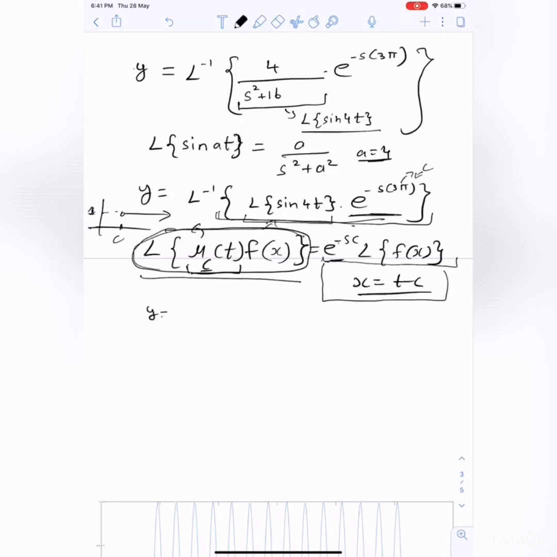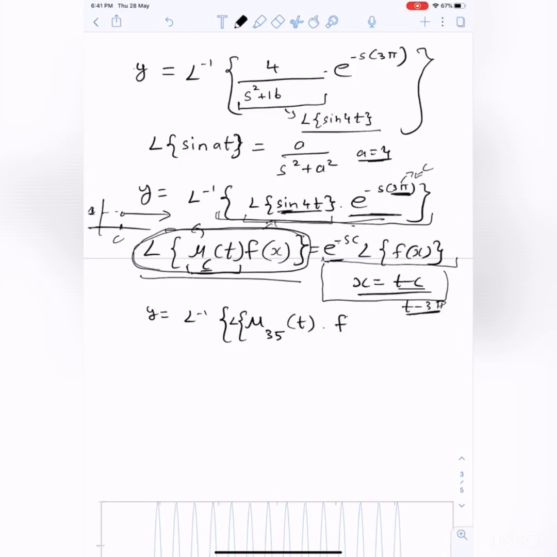So y would be equal to Laplace inverse of Laplace of mu of c. c is nothing but 3 pi, times t times f of x. x is nothing but t minus c. t minus c is again nothing but t minus 3 pi. So f of t minus 3 pi, which is nothing but sine, like sine is a function of t, then sine should be a function of t minus 3 pi now.